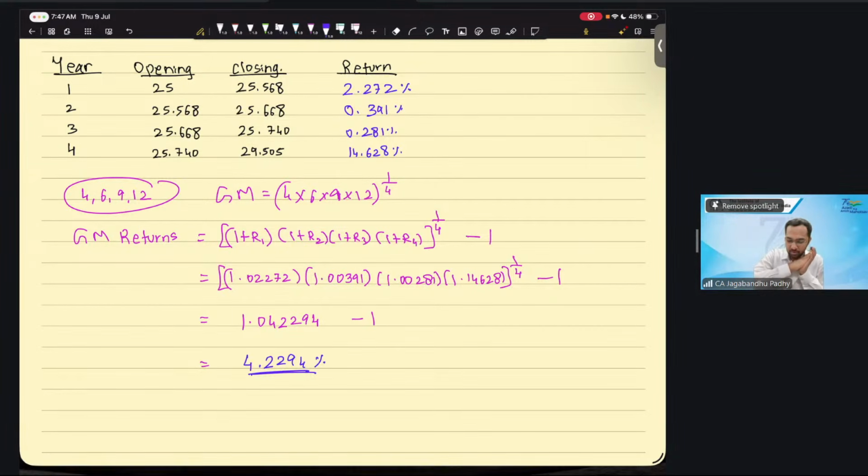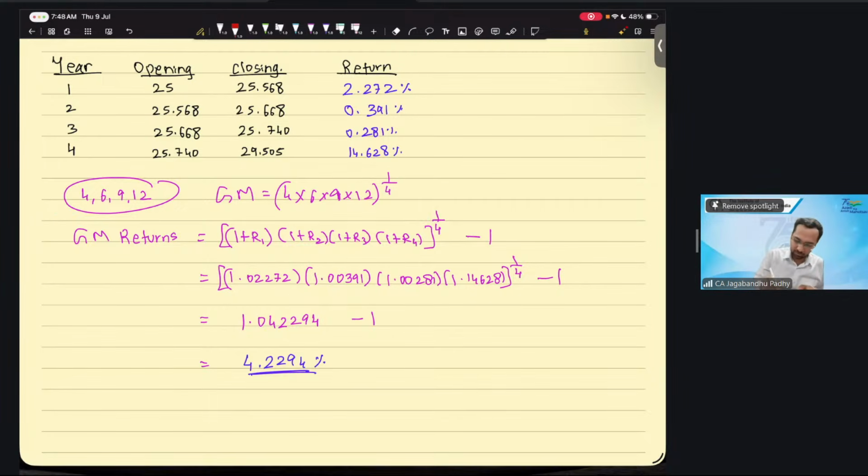So geometric mean return is going to be 4.2294%. Okay, got it?